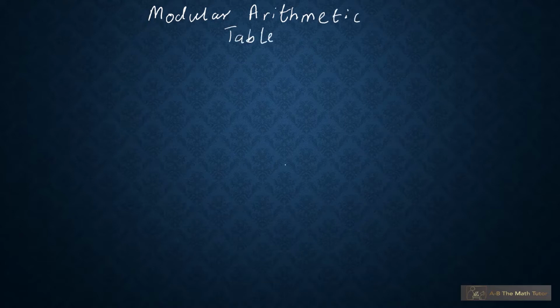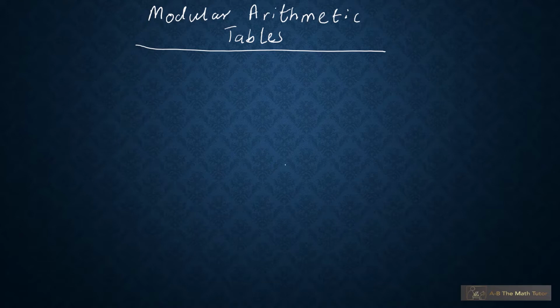So let's talk about modular arithmetic tables. Modular arithmetic tables are simply tables that are made up of numbers that are then operated with each other to yield answers.